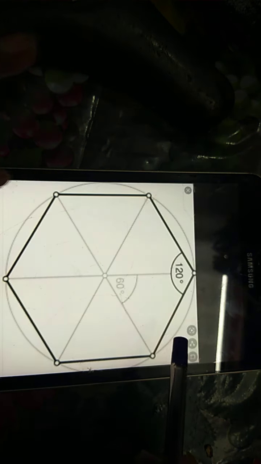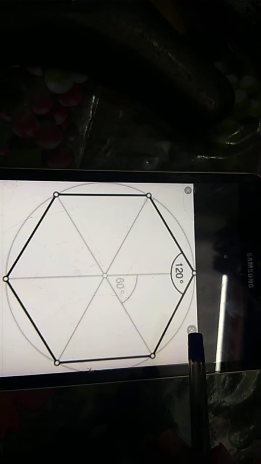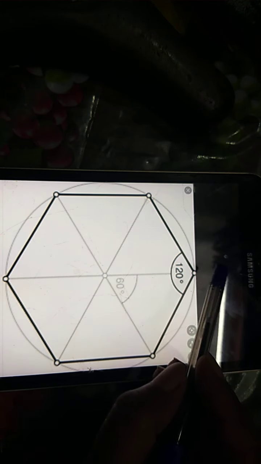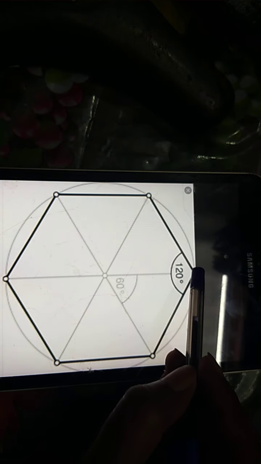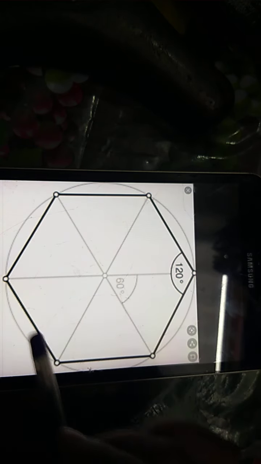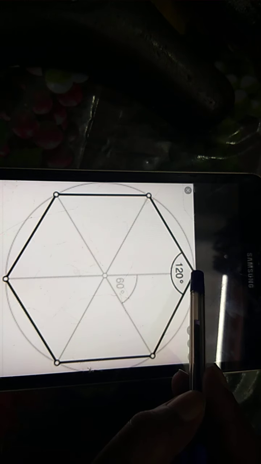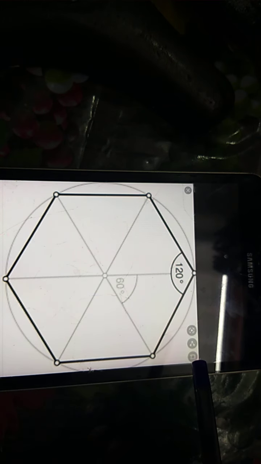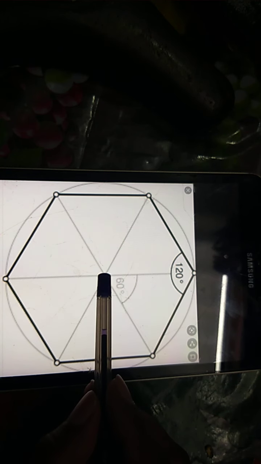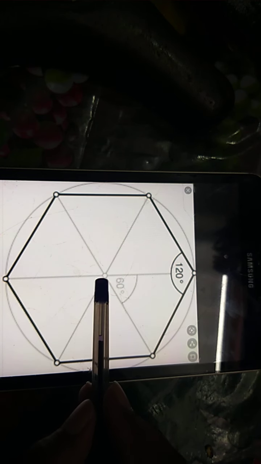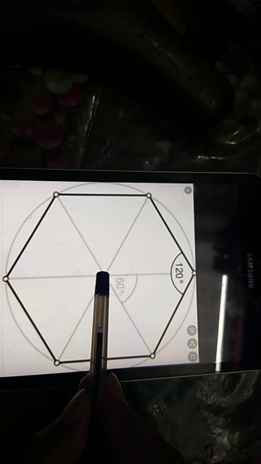Be it pentagon, this is a regular hexagon, the same story. If you put q charge in 6 vertices of this regular hexagon, the net electric field you will observe at the center, that means at this point, is going to be zero.